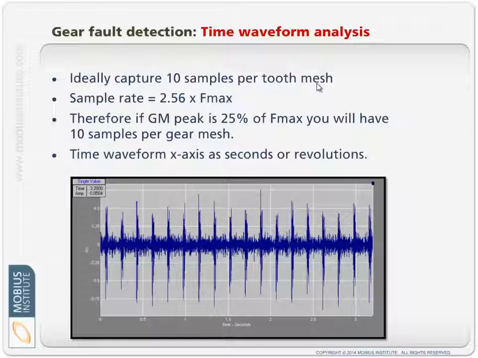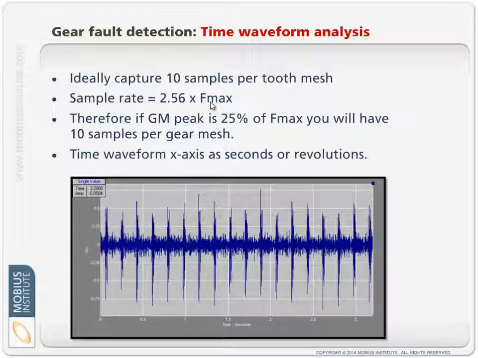The fact is that when you choose an Fmax for your analyzer, the analyzer itself is going to retain for you a time waveform that is sampled at 2.56 times the Fmax. So let's say we had a 1000 Hertz Fmax, and therefore the analyzer is going to sample at 2560 samples per second.